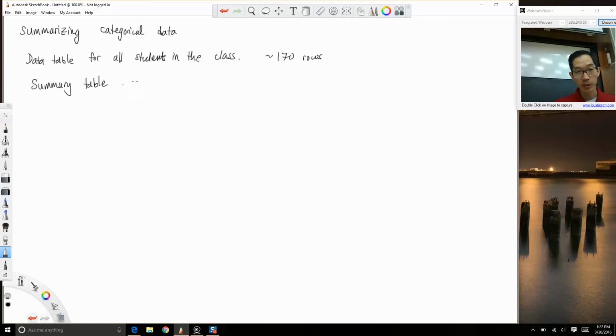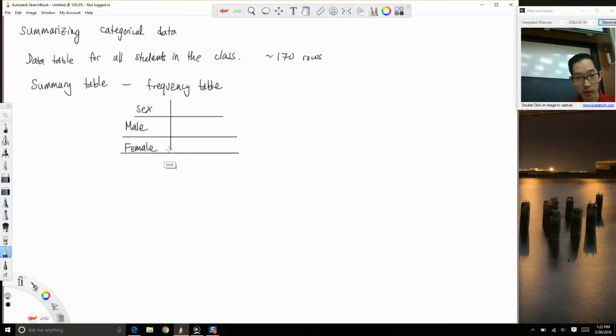So we can have a summary table, and specifically, the summary table will be called a frequency table. It gets rid of all of the individual information. As far as sex goes, we'll have male, female, just assuming everybody identified as either male or female, and we'll have a frequency here.